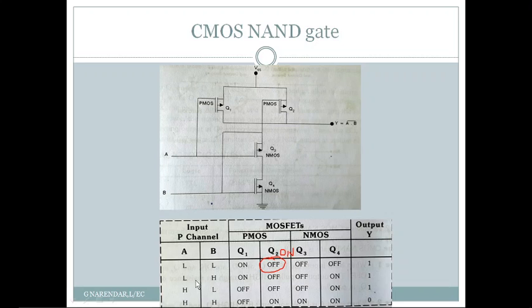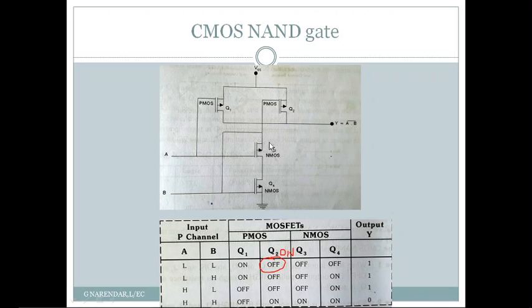Similarly, the third case, when A is high and B is low. When A is high, PMOS Q1 is off and Q3 NMOS is on since A is high. And when B is low, PMOS Q2 is on and NMOS Q4 is off.